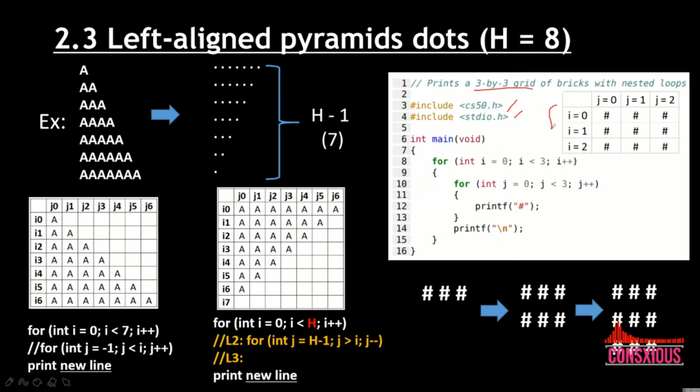You can see i is representing a column here. For j, j equals 0, j less than 3, j plus plus. So we print this, and you can see j is actually a row here.